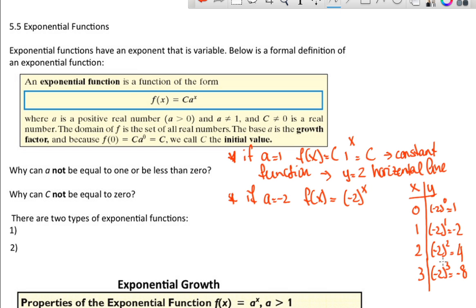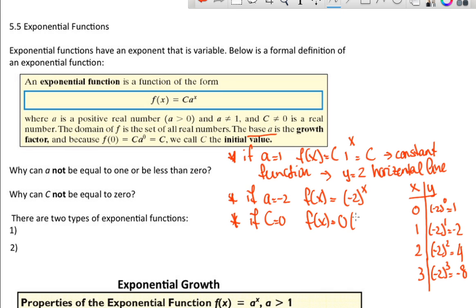And then you see you get sort of a zigzag pattern. So that's not a smooth curve, which is what an exponential function should be. So you can't have a negative base. A is considered the base. So the base a cannot be negative. And then the last one says why c can't be 0 either. If c were equal to 0, then we're going to end up in pretty much the same situation as on the top.